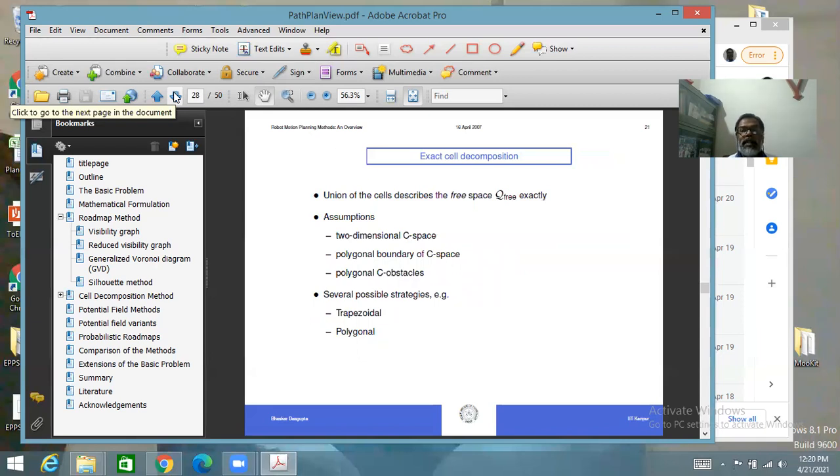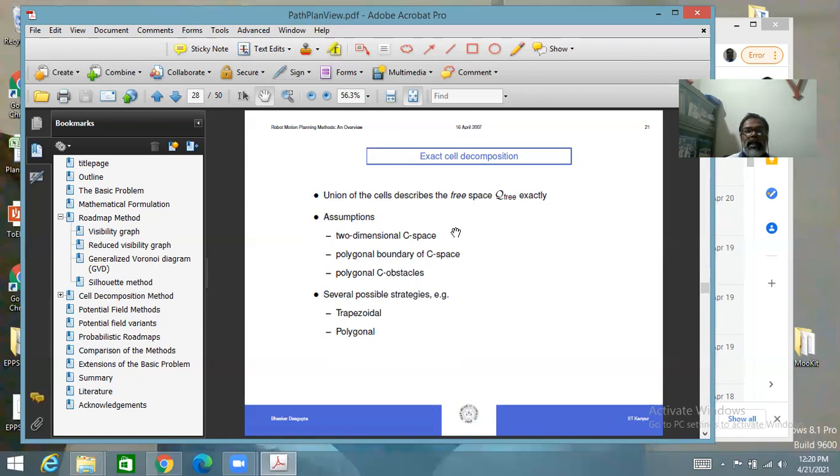Here the cell decomposition needs to be exact. So you cannot leave anything out, and you cannot include anything which is not in Q free. That is the idea of exact cell decomposition.